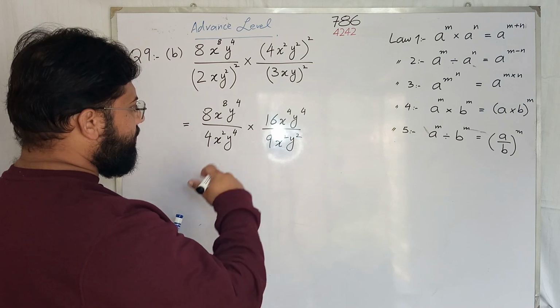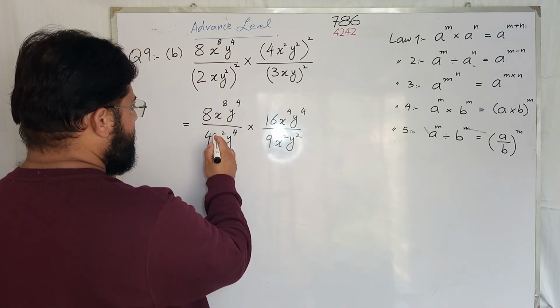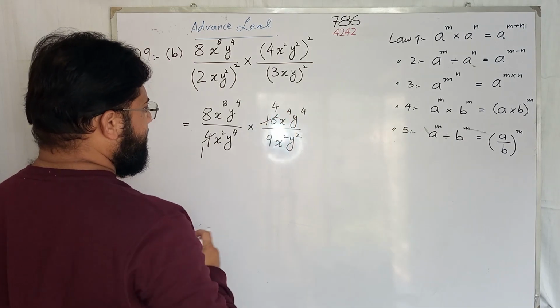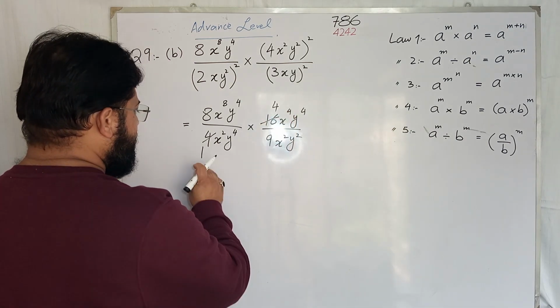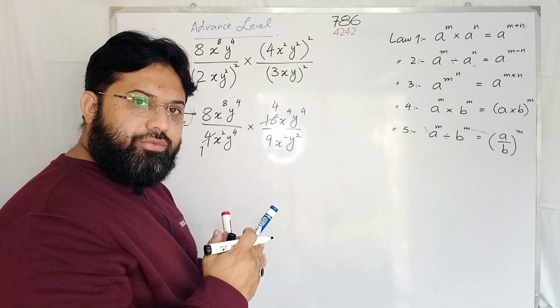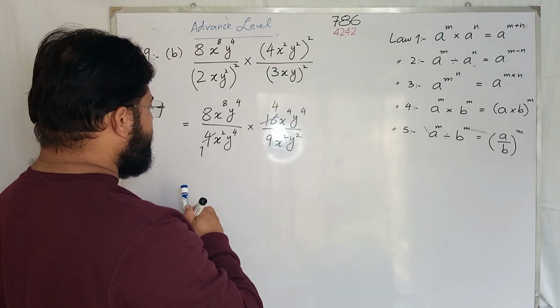We are allowed to do cross cancellation if possible. 4 ones are 4, 4 fours are 16. That's it. Once we have done maximum cancellation, then we multiply numerator with the numerator and denominator with the denominator.